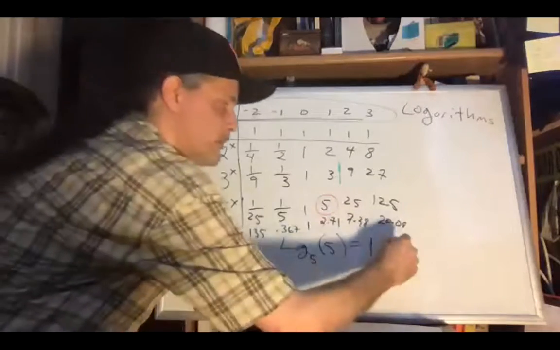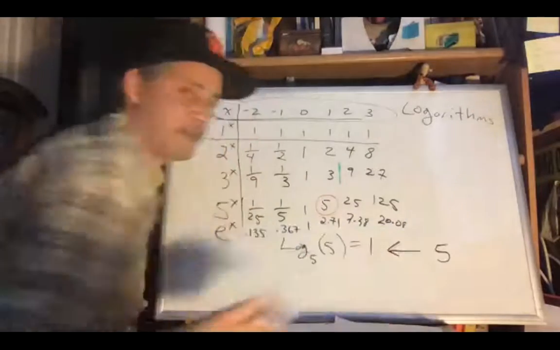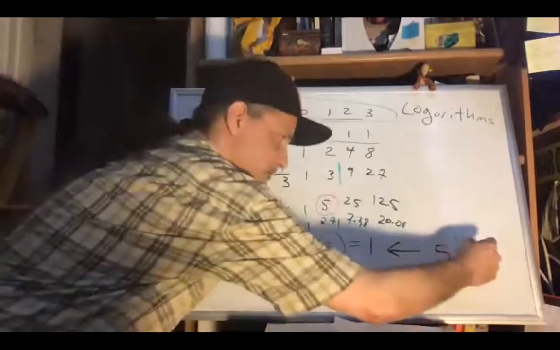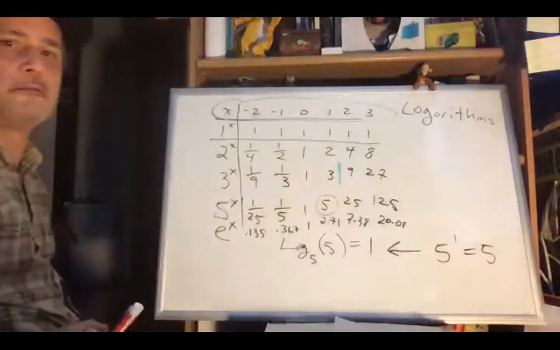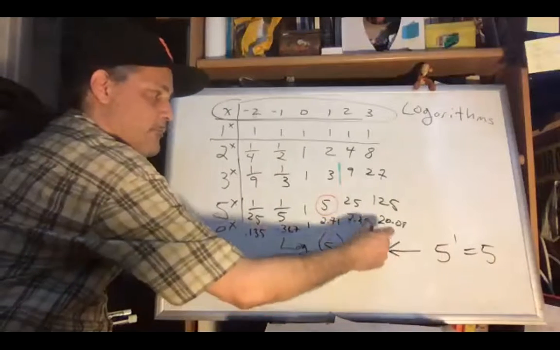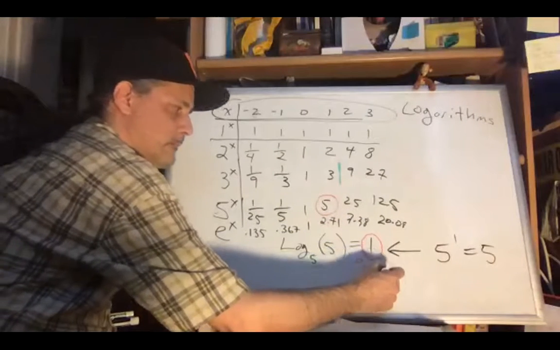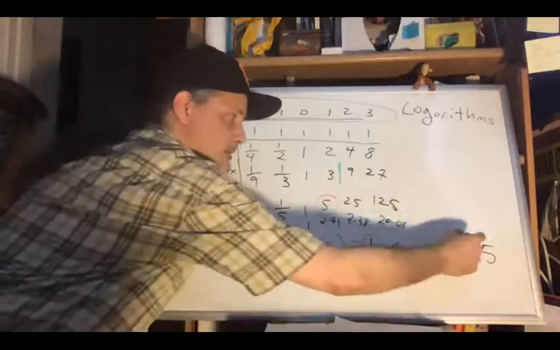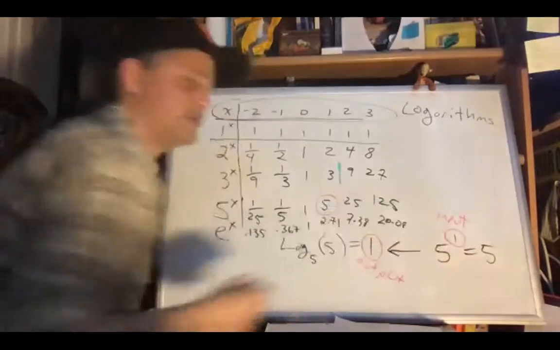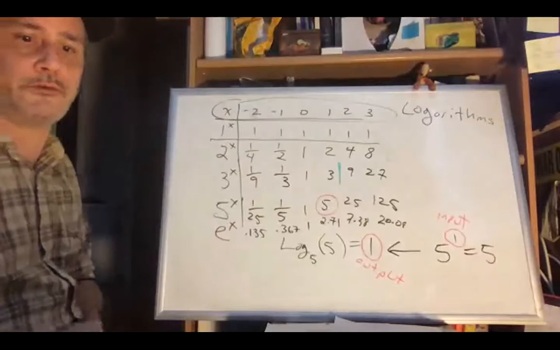Well, if we took that base and applied the exponent of 1, we would get 5. And so the output of the logarithm is the same as the input of the exponential function. So these are inverses of each other.